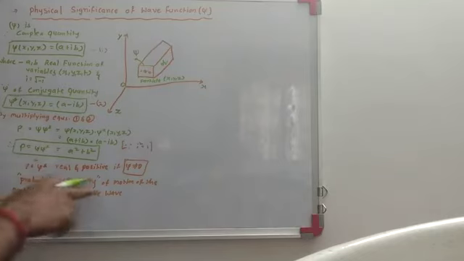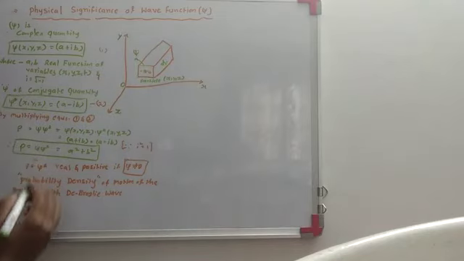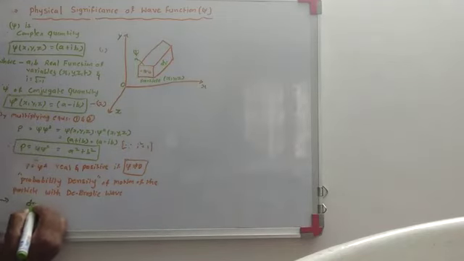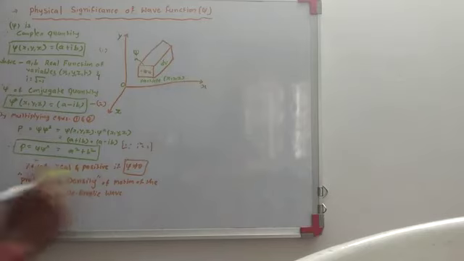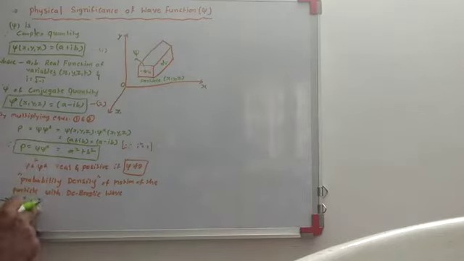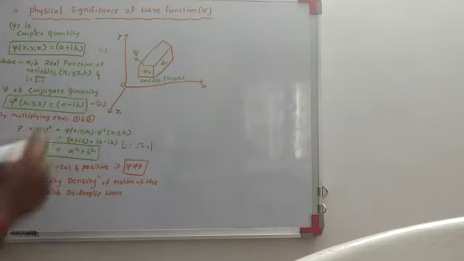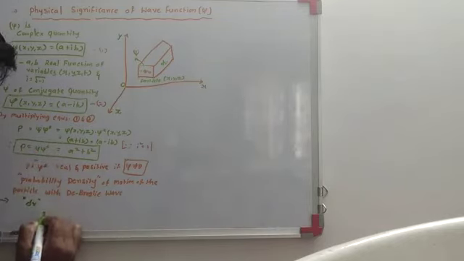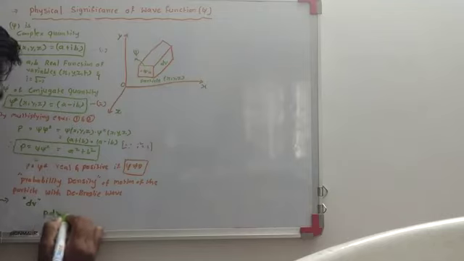Suppose the motion of the particle is confined to the volume element dV. Then the quantity is P dV.